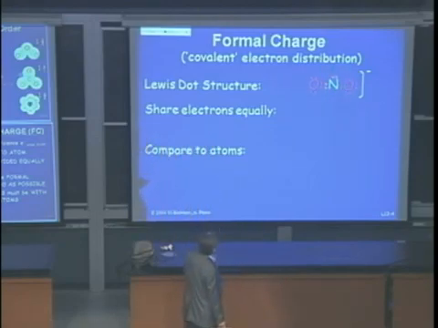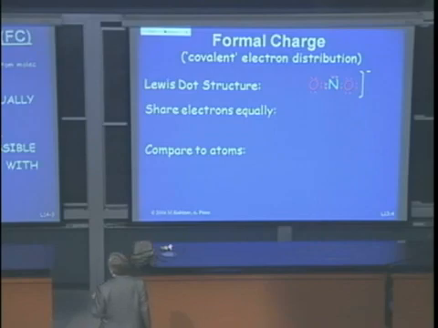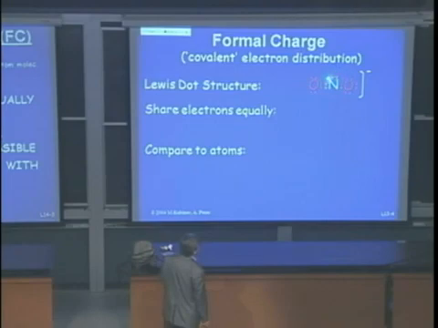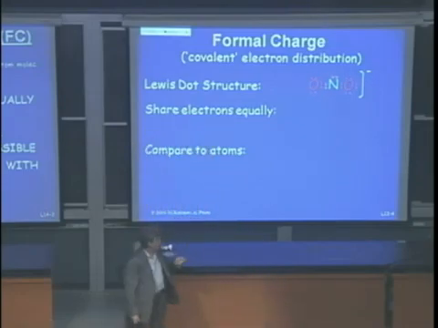If you look now at the nitrogen, let's get to the rules here. The lone pair you assign entirely to the atom, so you have 2 right there. And then you do even sharing. You have 2, you share 1, so that's 3. And then you have 4 in the bonds, you share this evenly, then you have 2, so you add it up: 1, 2, 3, 4, 5.